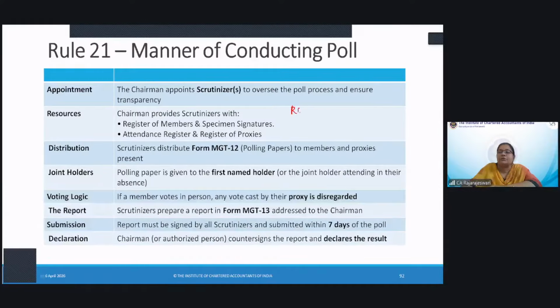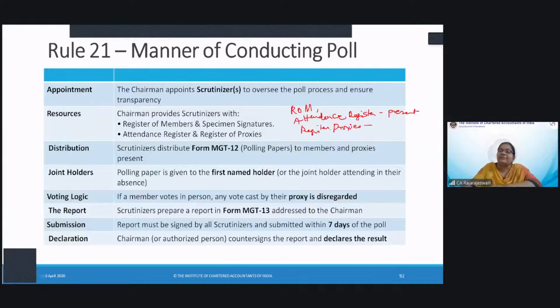You have to give the register of members, then the attendance register. Why the attendance register? The attendance register will tell you the persons who are personally present. Then for proxies, you have to give the proxy form also, the register of proxies. That should also be maintained. So both you should give.